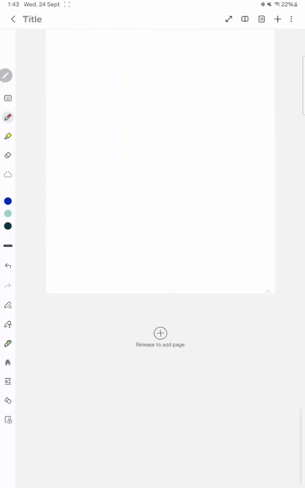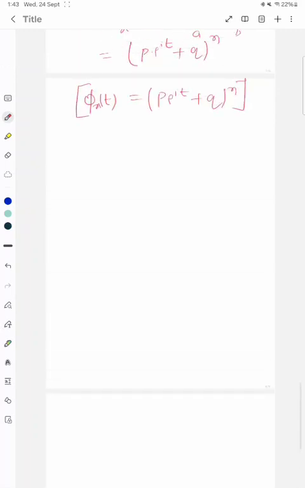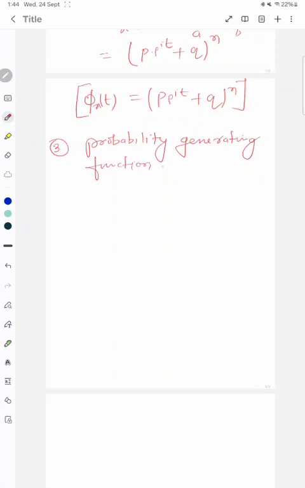And there is one more thing. Third is the probability generating function of binomial distribution.